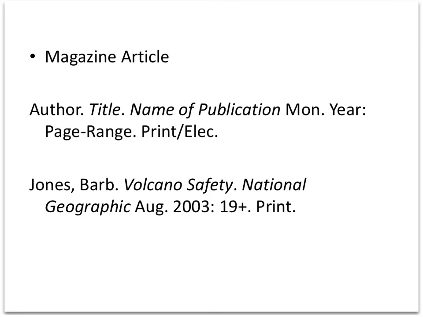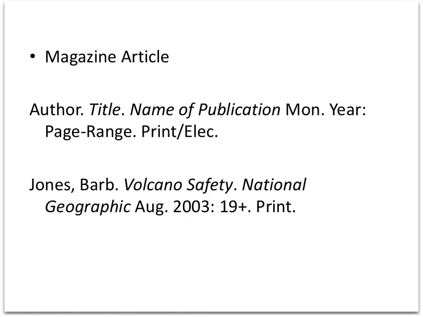What's different is in this part here, month and year, whereas academic or scholarly journals utilize the volume.issue format, magazines instead use the month and year.